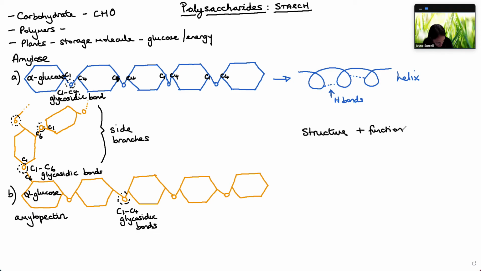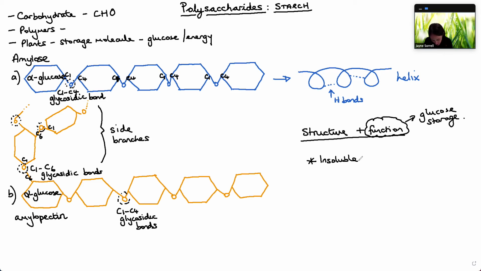So anything that mentions explaining structure and function, these are some of the things that you want to say. If you think about their function, we mentioned it earlier, their function is in glucose storage or energy storage. So in order to store that successfully, it's important that they are insoluble. They don't dissolve in the cytoplasm of the plant cell.